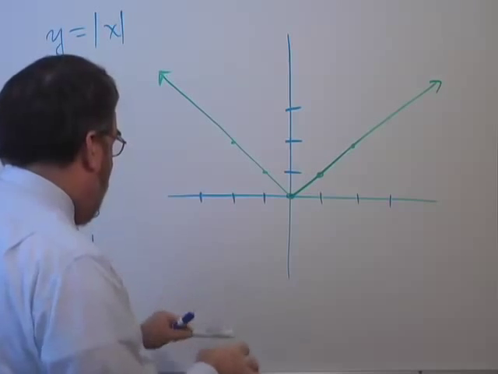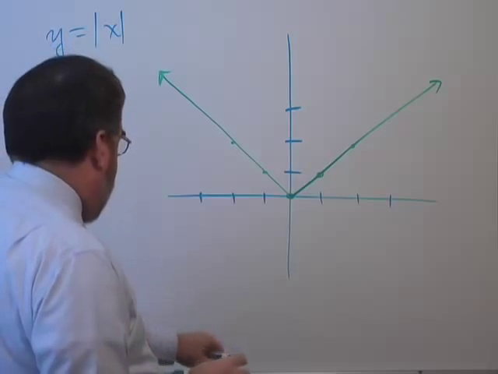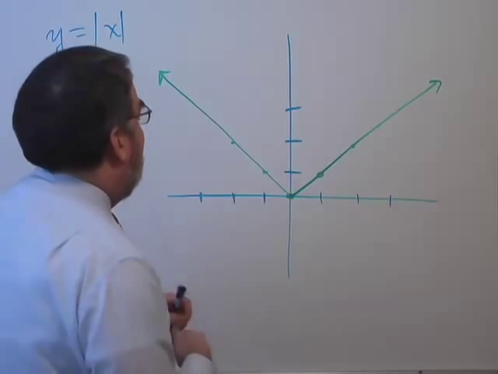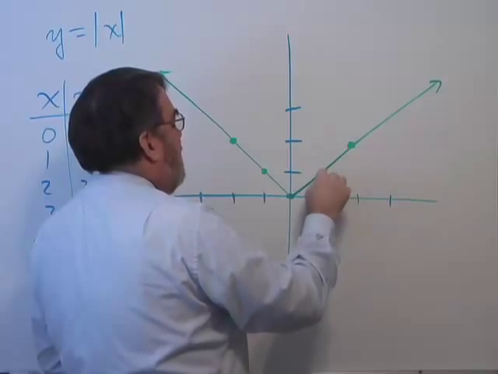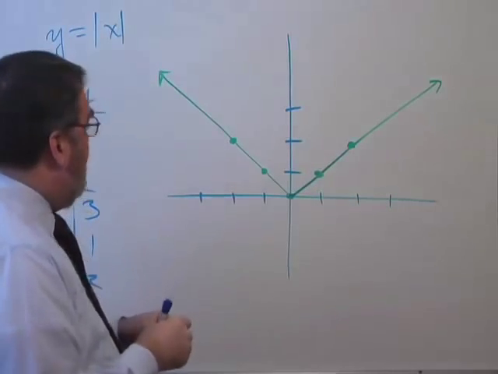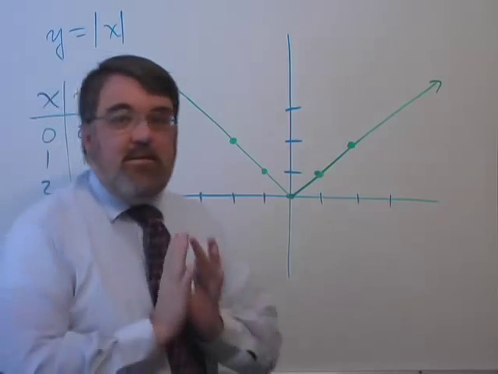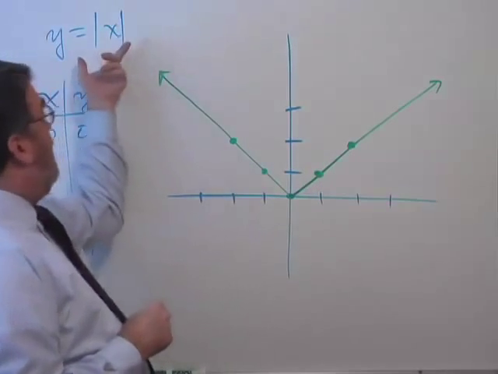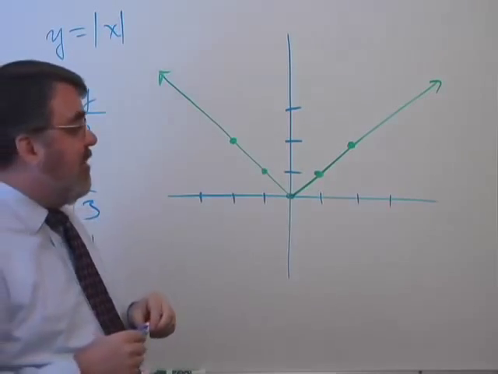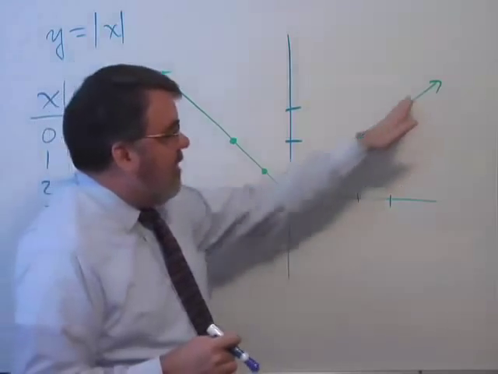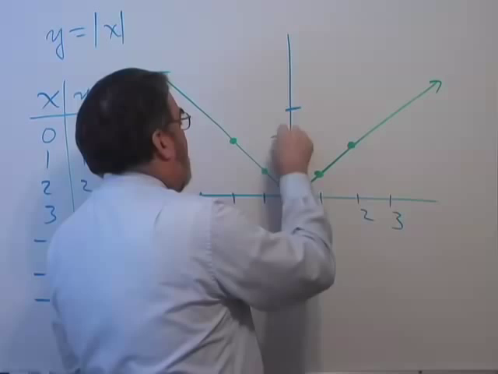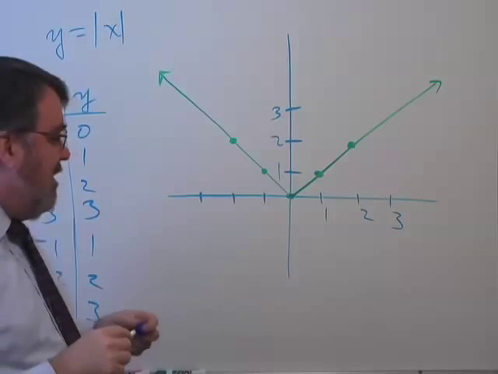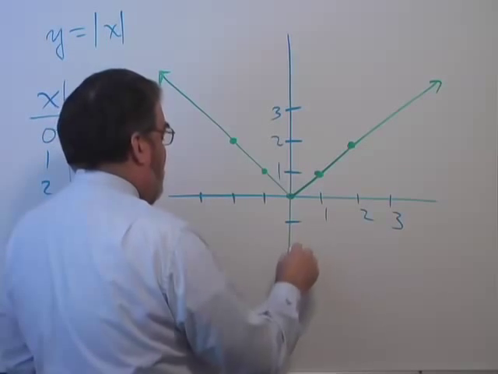It's not smooth at the origin, and that has an interesting calculus consequence, by the way. But anyway, the absolute value function is a v-shape, and the standard absolute value function, or the basic one, goes off at a 45-degree angle. So it's always good to put a couple of scale numbers on your graph so that I know what scale you're using.